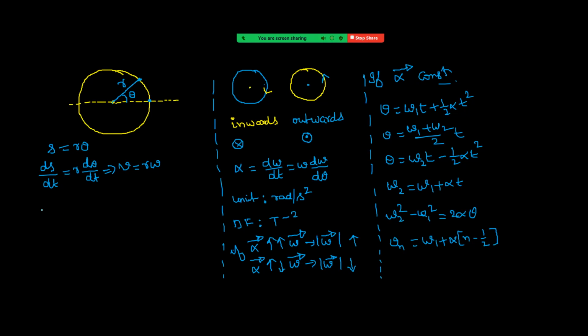If we differentiate once again, dv by dt, rate of change of speed. We should be very careful here. Here v is speed, not velocity. Rate of change of speed with respect to time is called tangential acceleration, not acceleration.